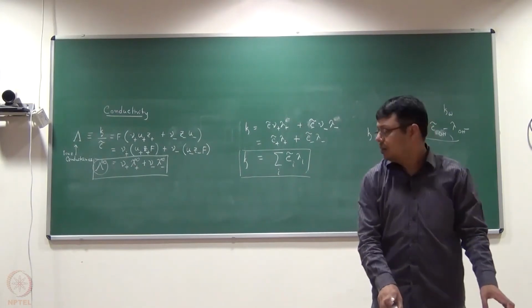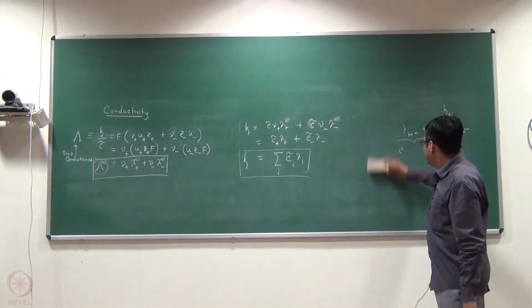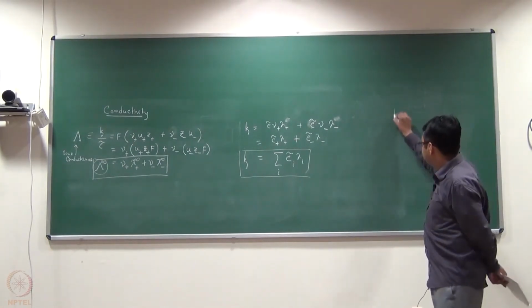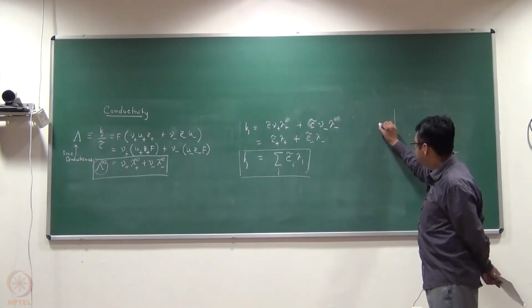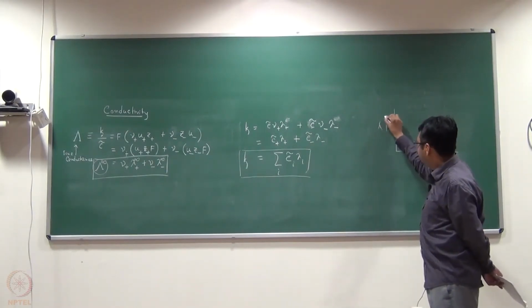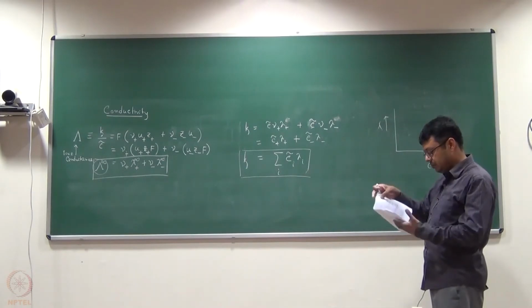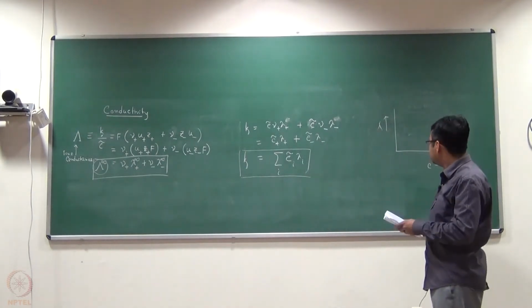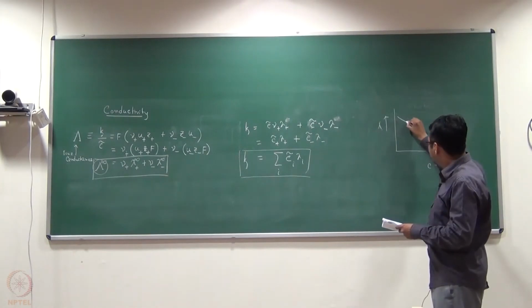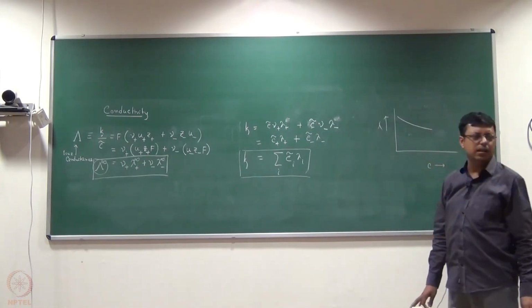And then the other thing is that we can always do the measurement of the conductance versus concentration. Now for strong electrolytes, something like potassium chloride, we get a more or less linear curve.